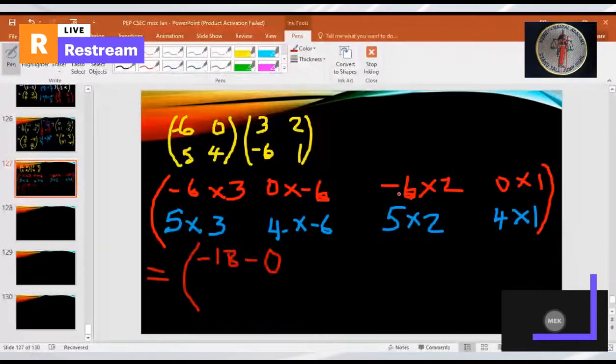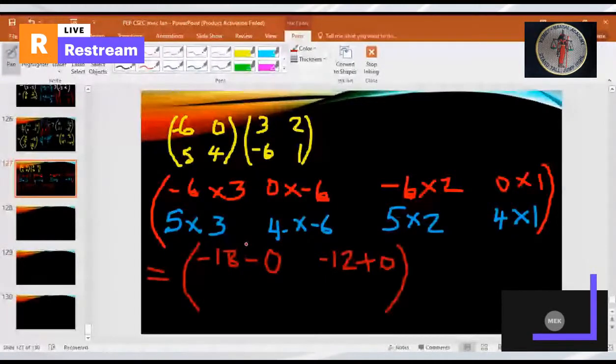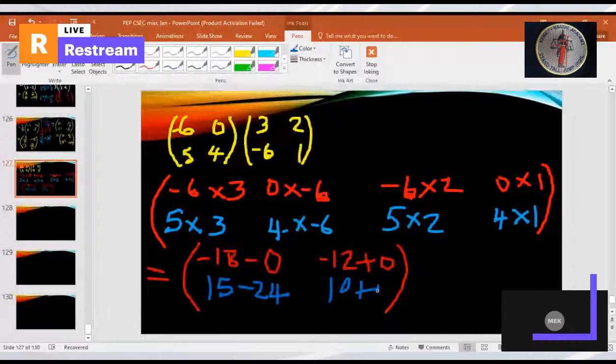Negative 6 times 2 is negative 12, and 0 times 1 is 0. So you see it's a smaller one because we're contracting the numbers. 5 times 3 is 15, 4 times negative 6 is negative 24, and 5 times 2 is 10, 4 times 1 is 4. And finally, we're going to add these.